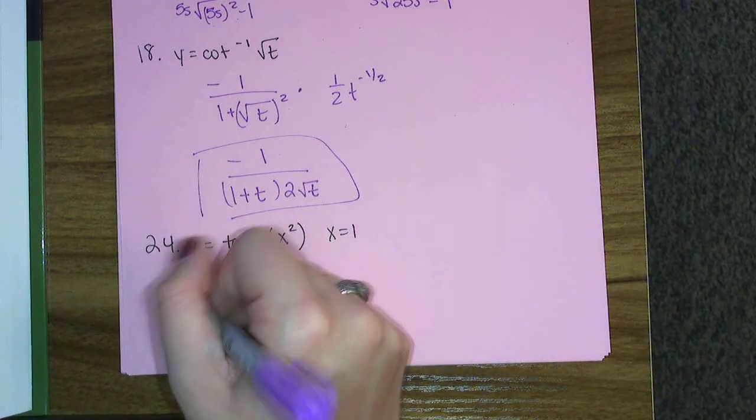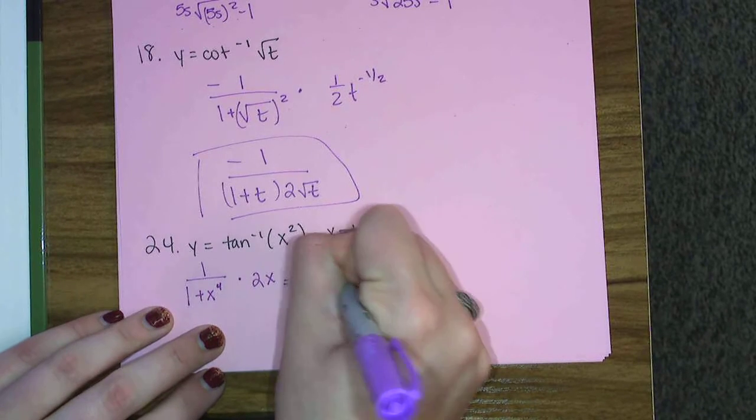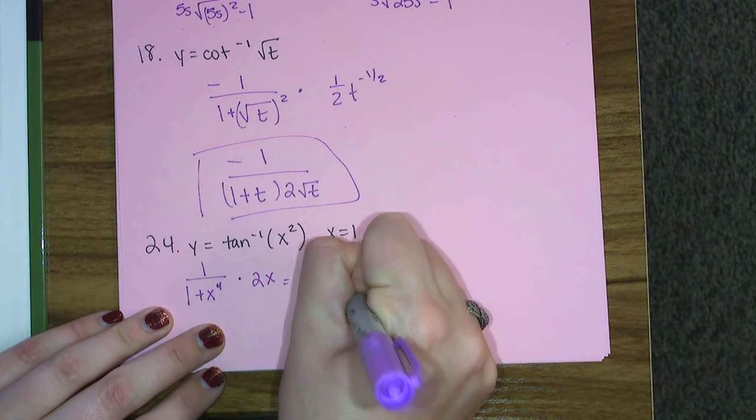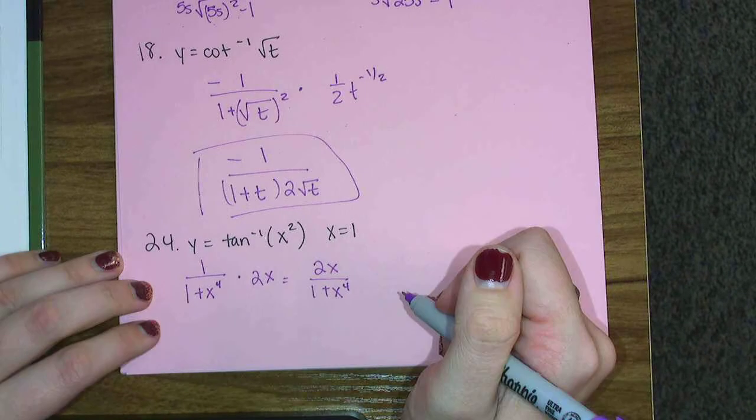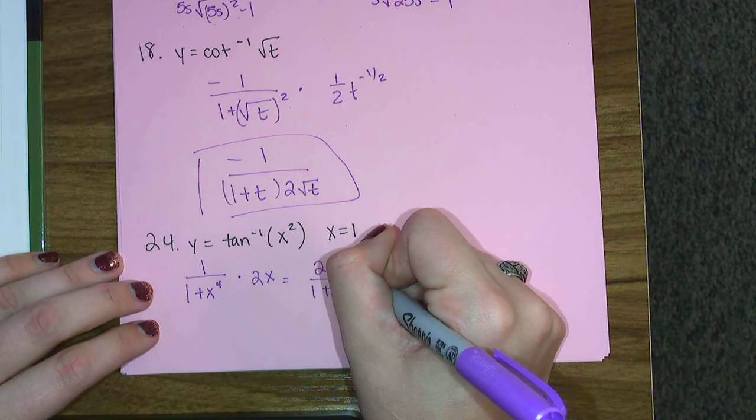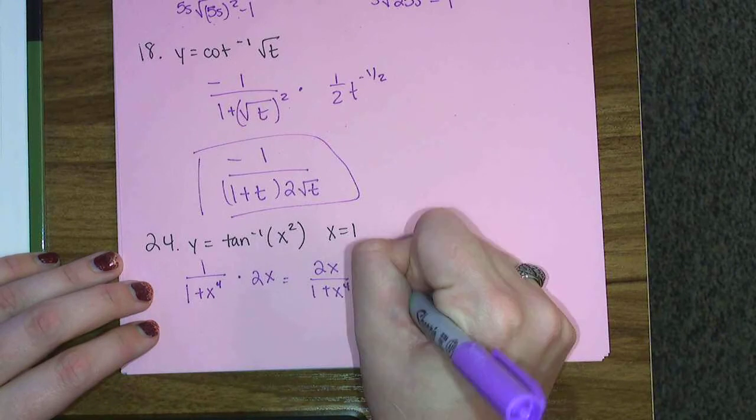So you have 2x over 1 plus x to the 4th. So what slope do you get then? So the slope is 1.